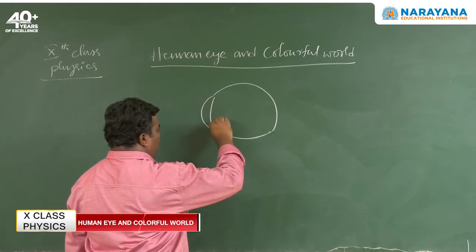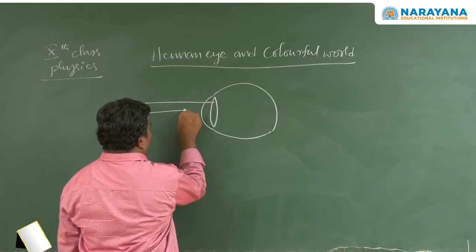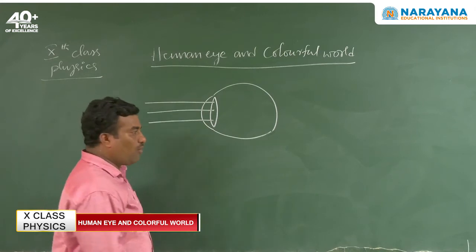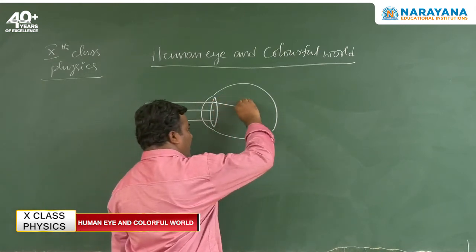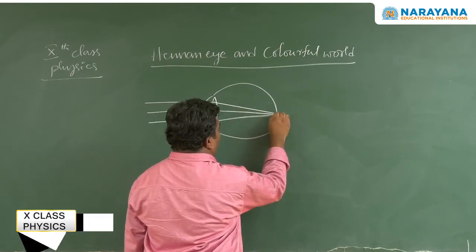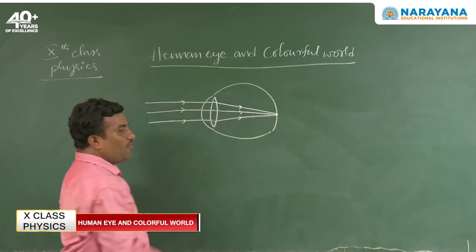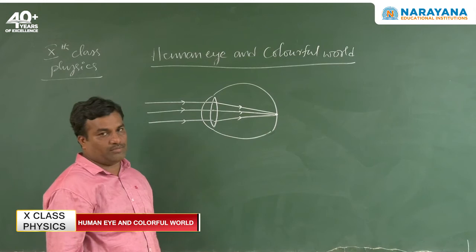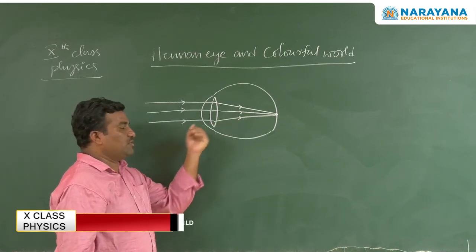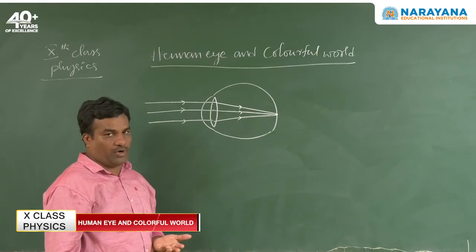Here it is the eye lens. All the parallel rays fall on the eye lens. After refraction, we get a point image on the retina. Understood the point? You are focused on the long distance object. When focused on a long distance object, the ciliary muscles are relaxed and it gives the maximum focal length.